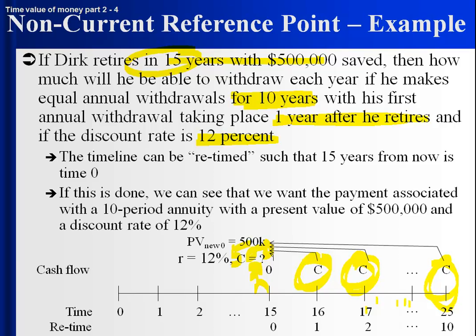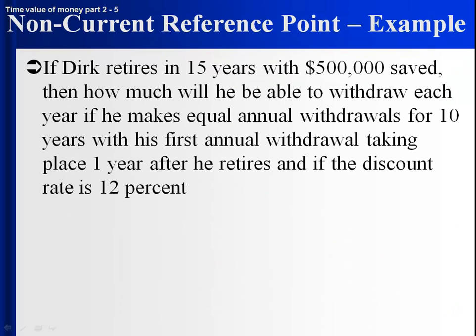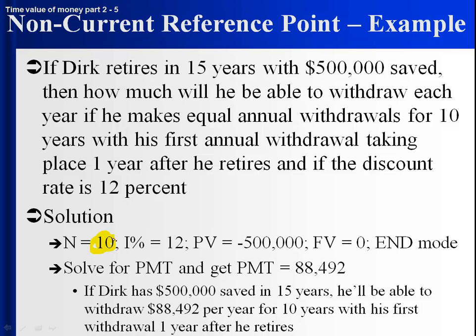And we can see that what we're trying to find is the payment associated with a 10-period annuity that has a present value of 500,000 and a discount rate of 10%. So we've taken this problem and by retiming it, put it into terms that we have tools to solve. So there's 10 payments.